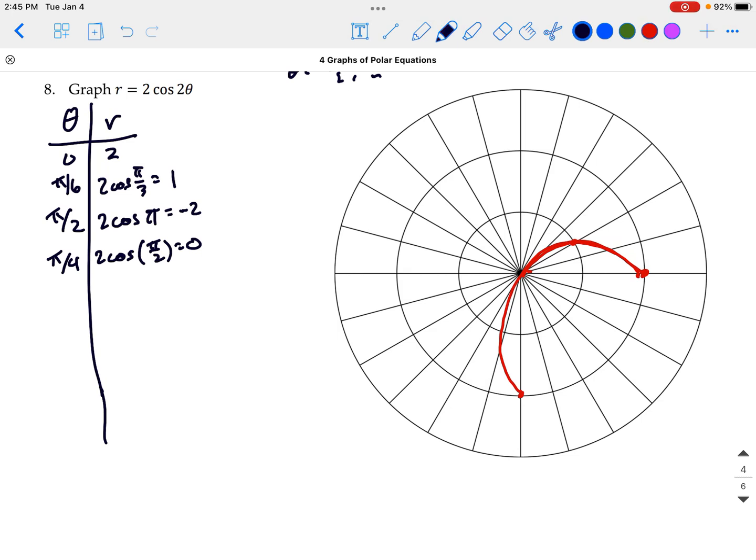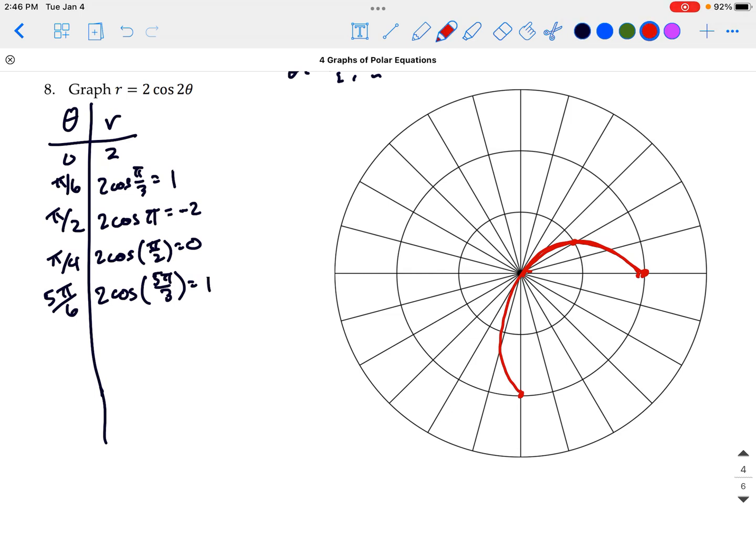So we can see the petal is already beginning to rotate out here. But now we're not going to be curving a particular petal at once, right? So we've started with one petal and it looks like we're moving into another petal. So at 5 pi over 6, we'll have 2 cosine of 5 pi over 3, which is going to be 1/2.